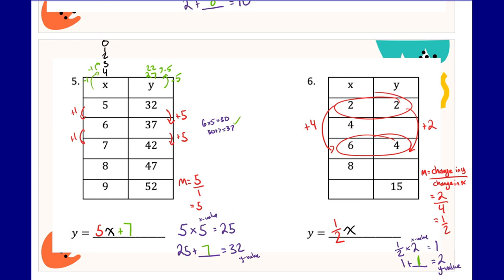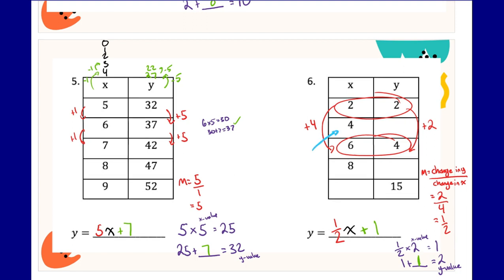So then to finish off my rule, 1/2 x plus 1. And you can go through and double check. Looking at 6, 6 times a half is 3, plus 1 is 4. So that does work. And we can use that to fill in the missing values.